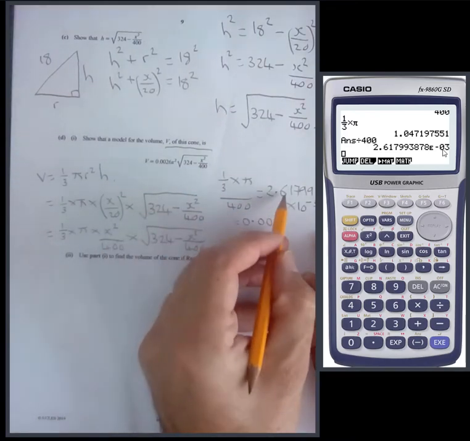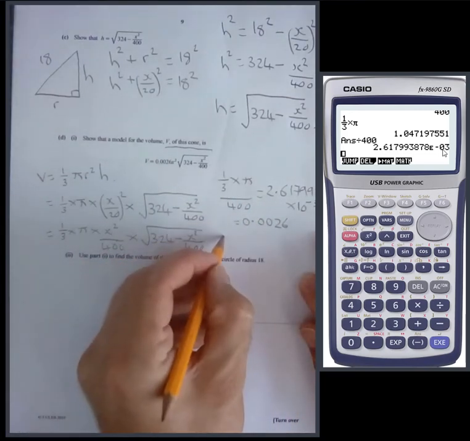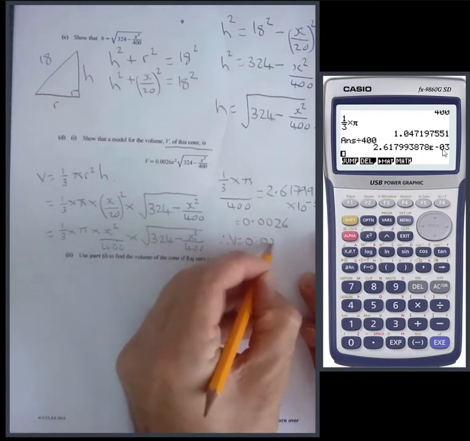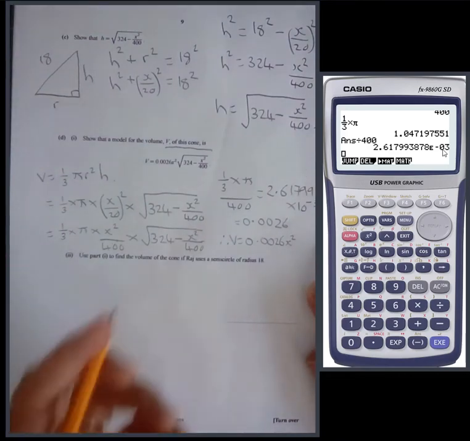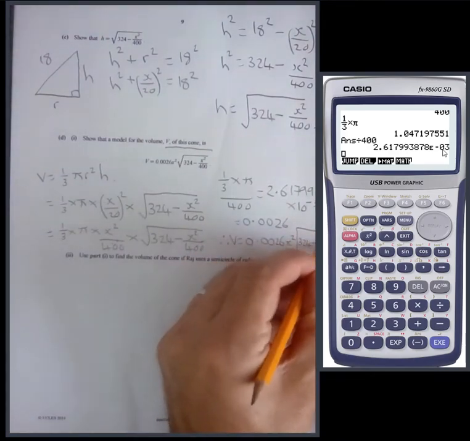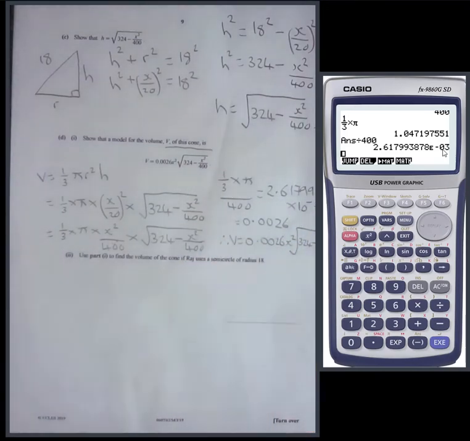There's your 3 zeros, and then you've got your 2 6. So the volume must equal 0.0026 x squared, and I'm not going to have room, square root of 324 minus x squared over 400, just about. It's not nice, but they don't really give you a lot of room.